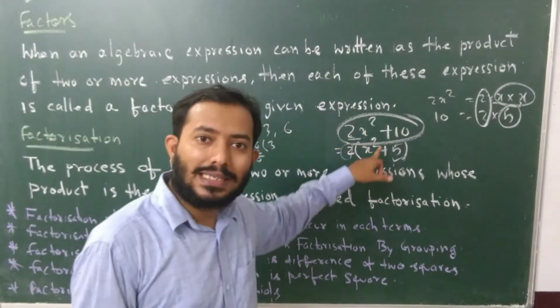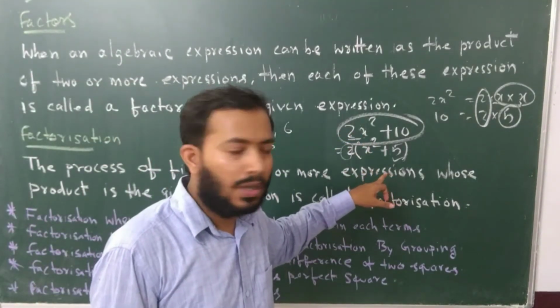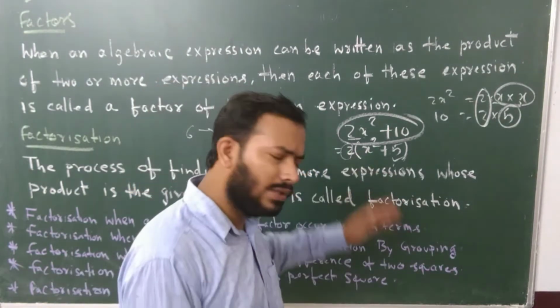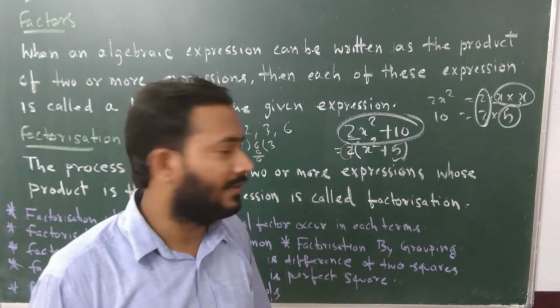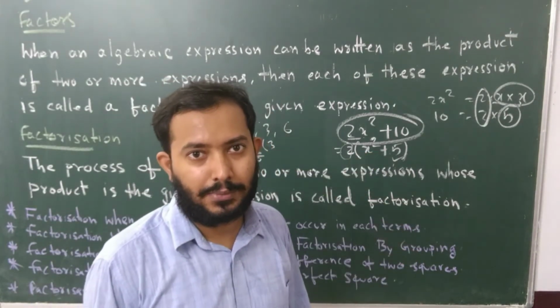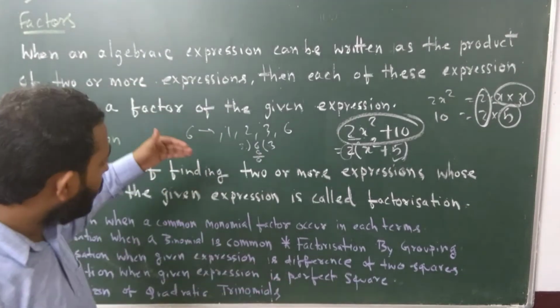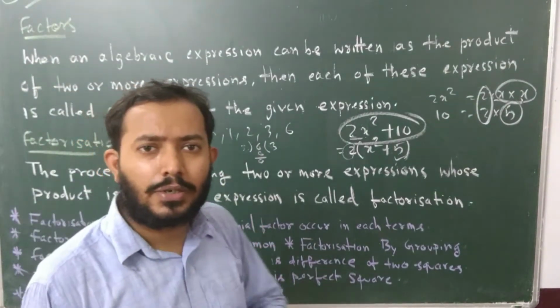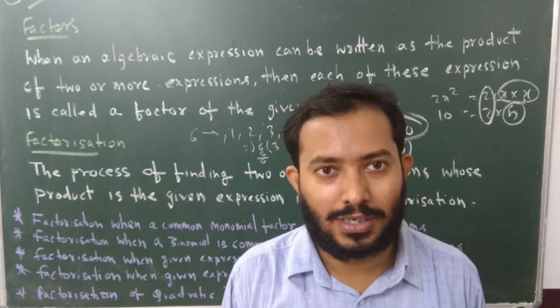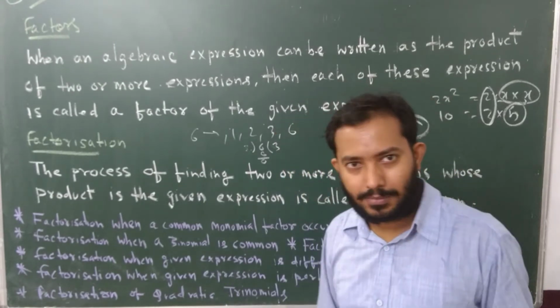In this case, 2 is a number only, and x square plus 5 is an expression. So whenever you get expressions, your factor may be an expression; generally an expression, and in some cases you may get a number.